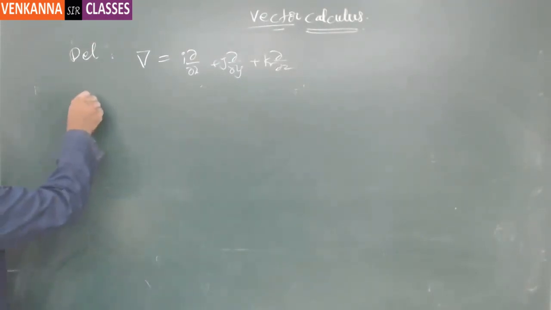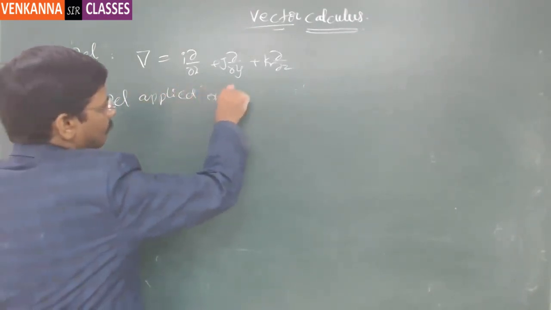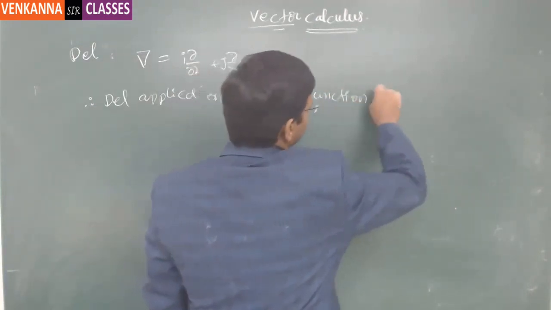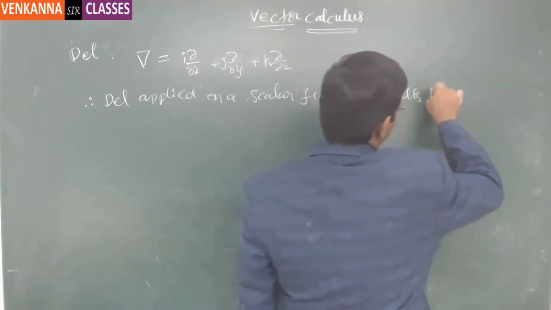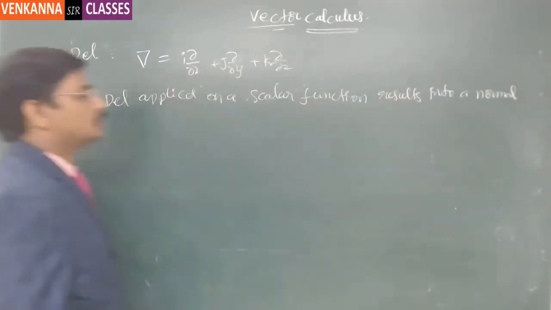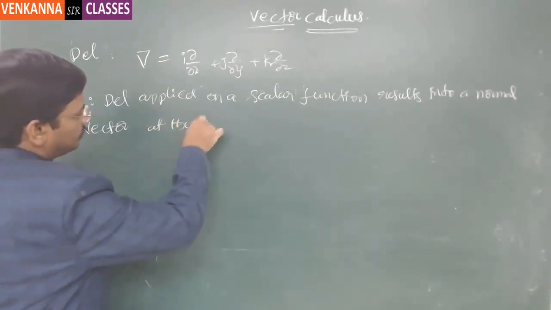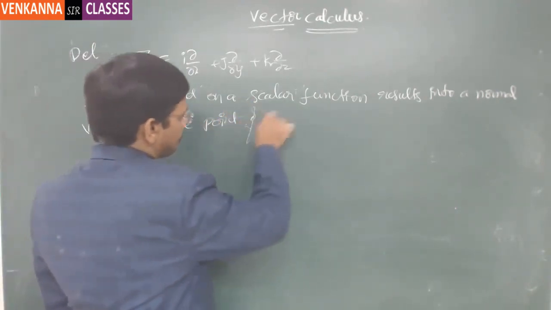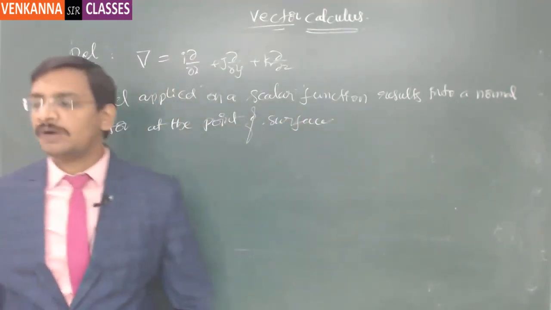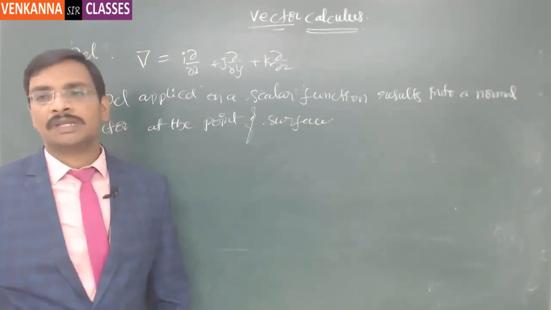Therefore, del applied on a scalar function results in a normal vector at the point of the surface. So if you want to find a normal vector to a surface, you can simply apply del on that.